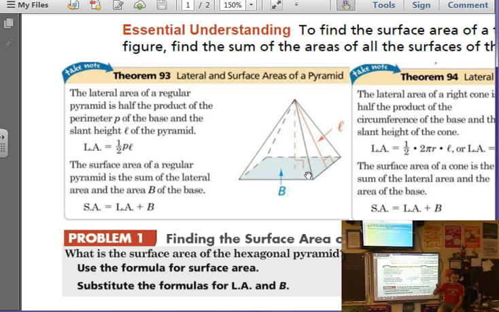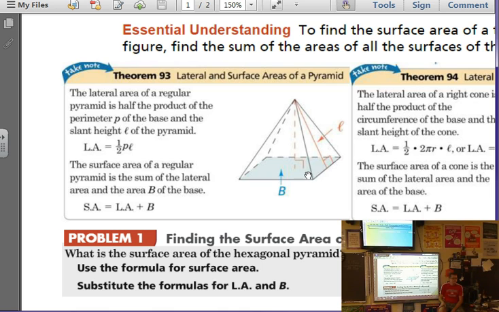So the only thing we're doing here is essentially cutting everything in half. Because instead of 2 bases, we have 1. Instead of the whole lateral area being perimeter times height, it's now perimeter times slant height, which is still the height of those shapes. But that perimeter times slant height then has to be divided by 2 or multiplied by half because they're triangles. Any questions about how that relates back to our prism formula?